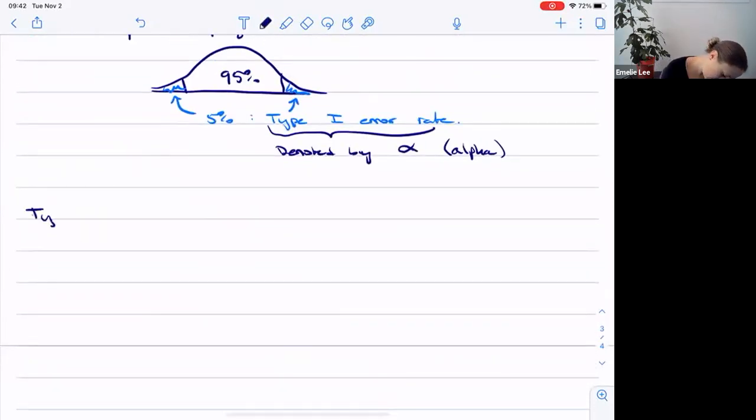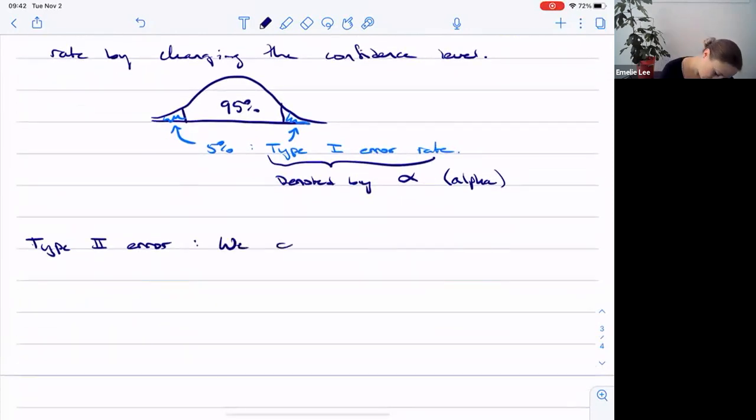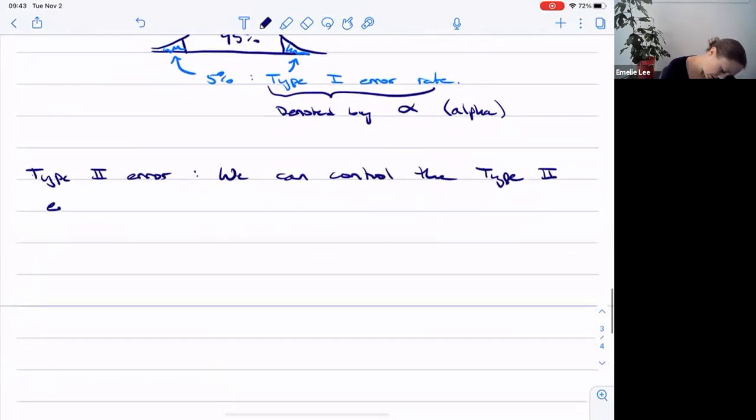The only way that we can control the type 2 error rate is by changing the sample size, by increasing the sample size.